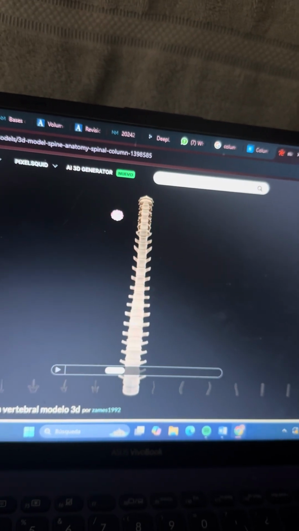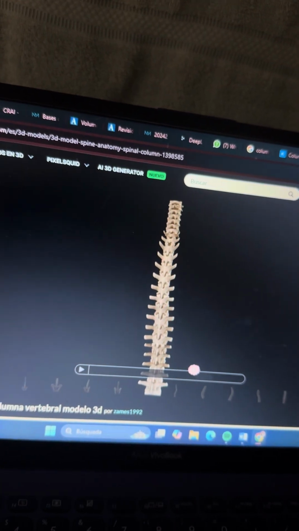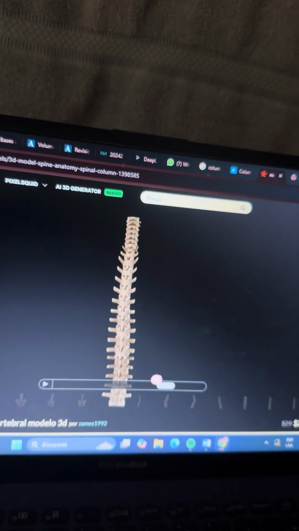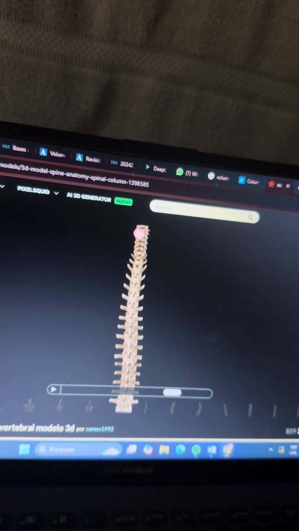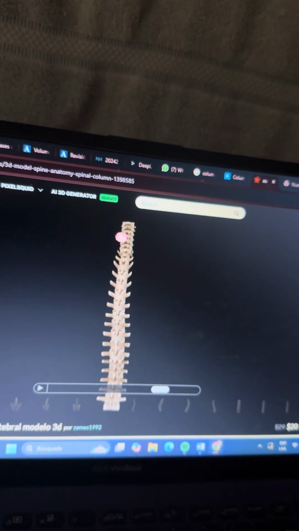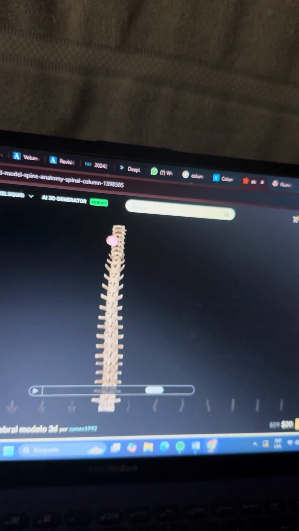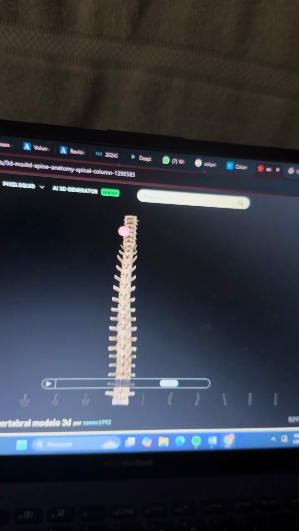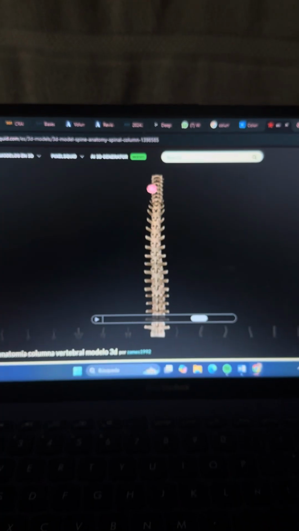Rotation of the head and neck is thanks to the axis with the atlas.